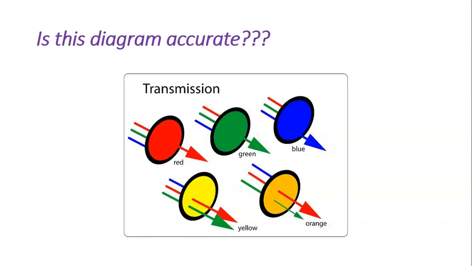But this diagram really should be showing white light entering the filter, unless the artist of this diagram is just trying to show maybe a red laser, a green laser, or a blue laser going through. If that's the case, then the diagram would be accurate. So I thought that would be just like a nice review of some light behaviors that we talked about before.